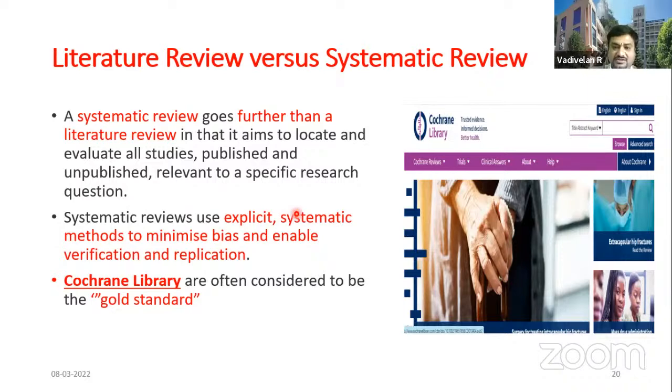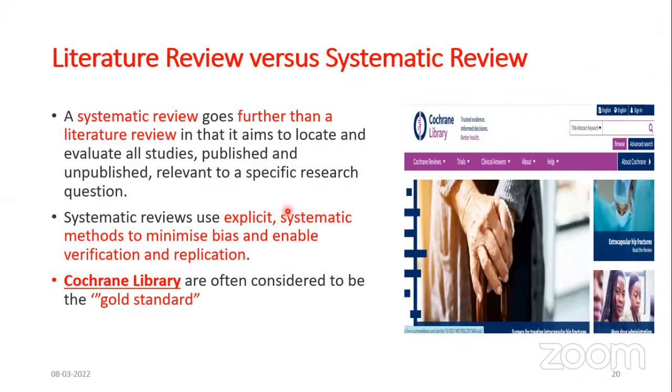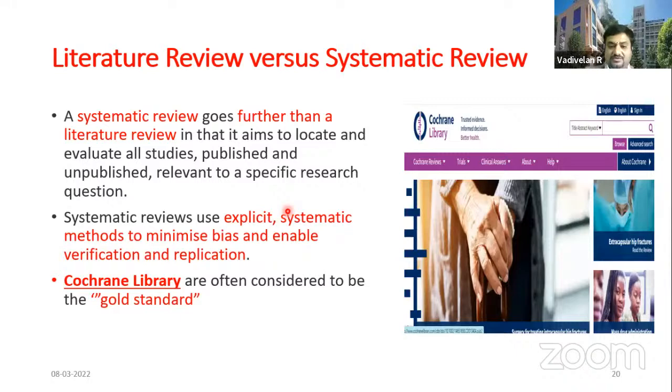Normally for the systematic review there is a separate library, the Cochrane Library, often considered the gold standard. It is mainly used for medical information, for better health. That means the work has already been carried out and published, relevant to a specific question, which helps minimize bias and enable verification and replication.